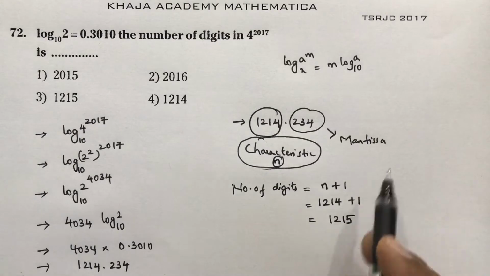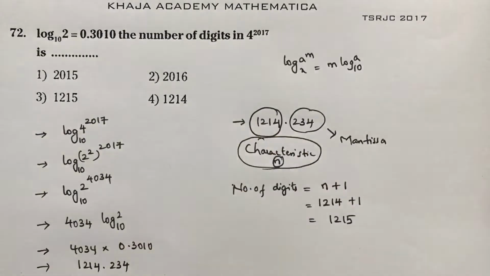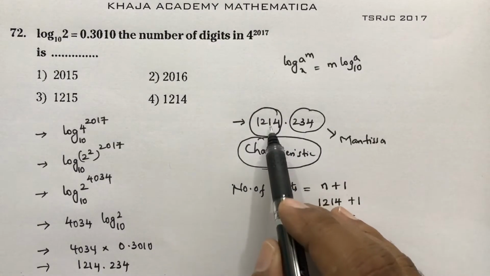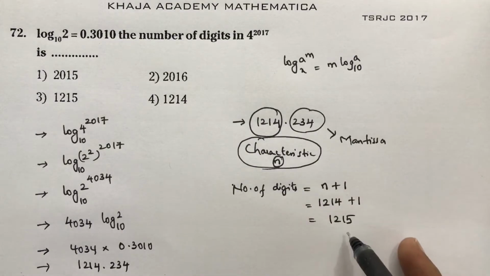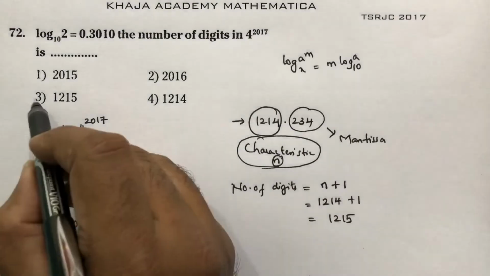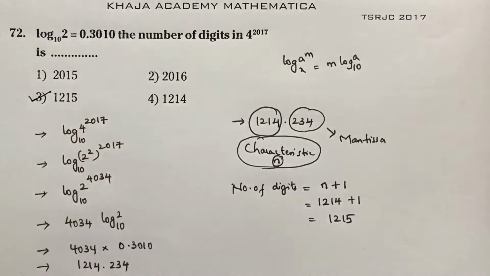So first, with the help of logarithm, find the value. You'll get the decimal part and integral part. 1214 is the integral part. Further, if you add 1, we'll get the number of digits. So the number of digits in 4 power 2017 is 1215. The correct option is 3.